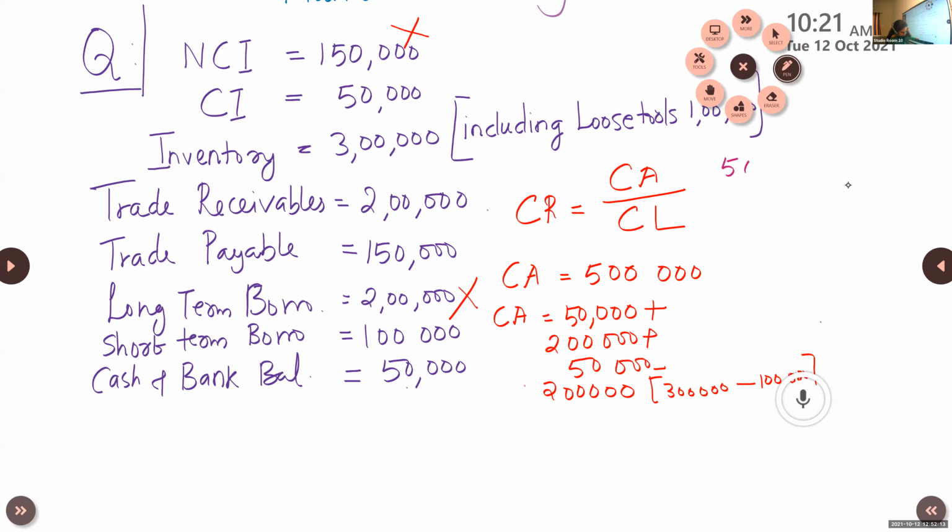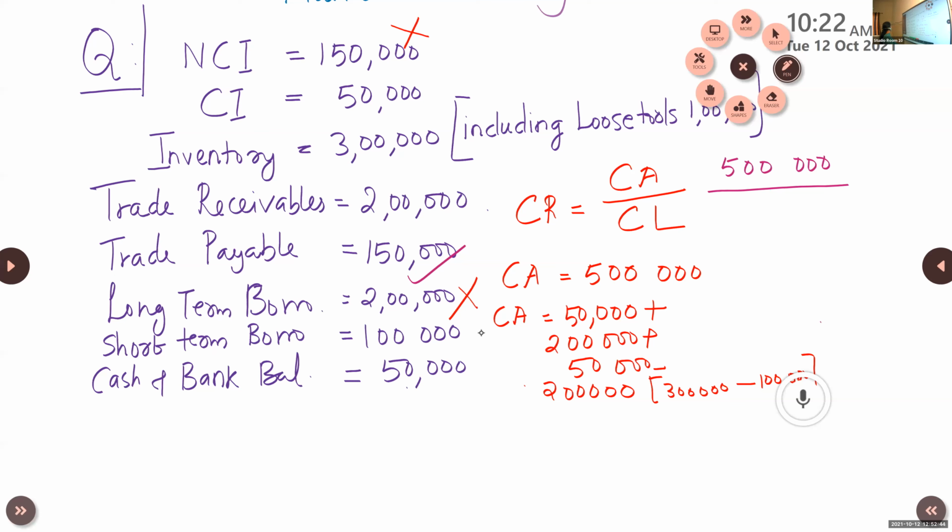Check which are the current liabilities here. We can take trade payable 1,50,000. Short-term borrowings 1 lakh.